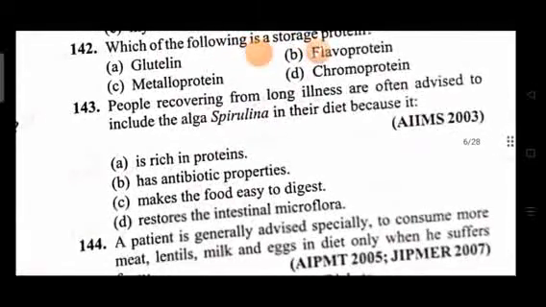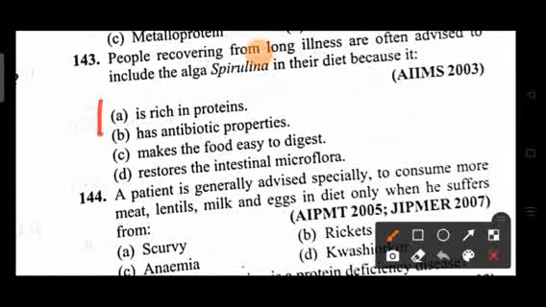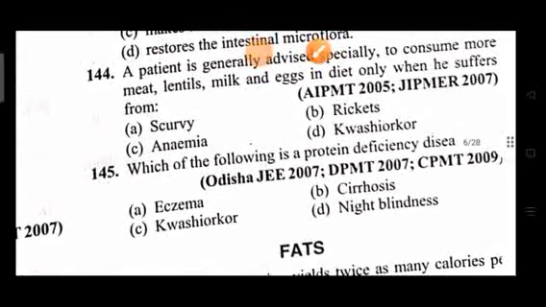People recovering from a long illness are often advised to include the alga spirulina in their diet because it is rich in proteins, has antibiotic properties, makes food easy to digest, or restores intestinal microflora. Spirulina is an algal member and a high single cell protein, SCP, so it is very rich in proteins. This you will also come across in biomolecules.